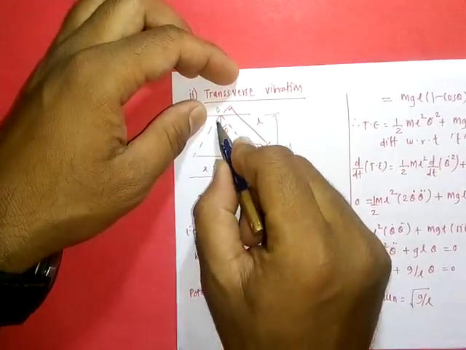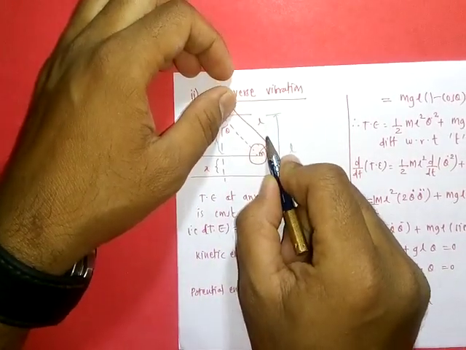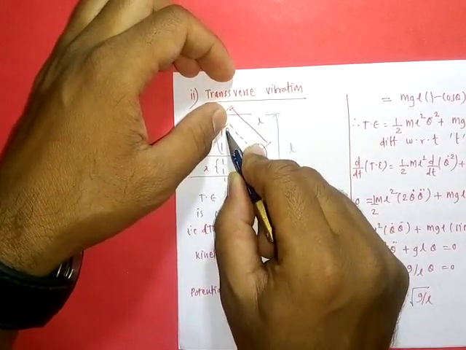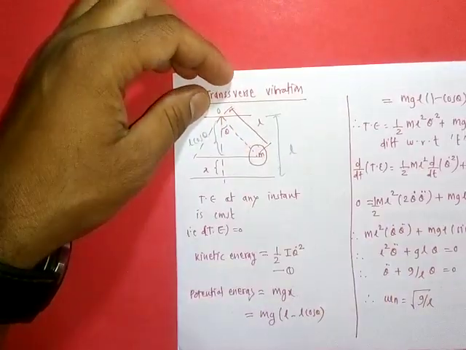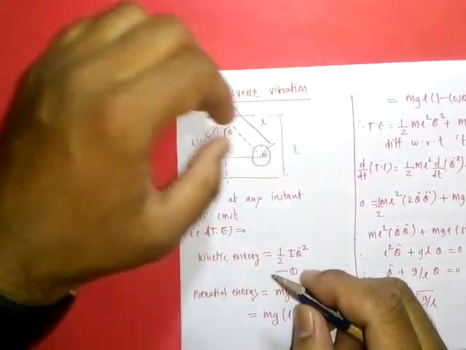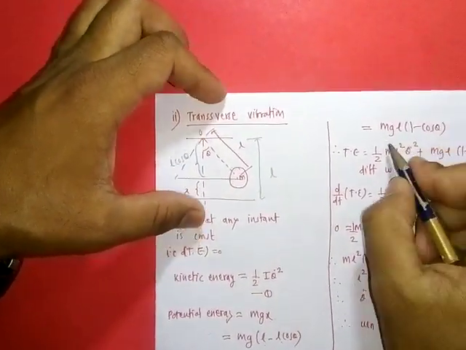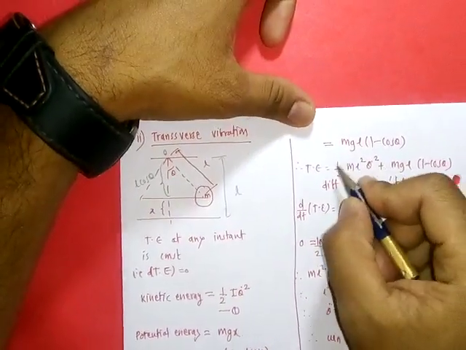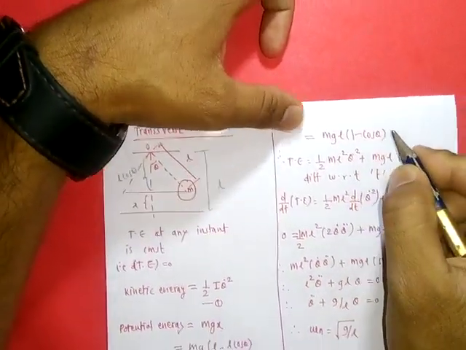Then at an instant, theta angle is theta, so this height will be L cos theta. So total height minus this height will be L minus L cos theta. So our potential energy at that instant is mgL (1 minus cos theta).